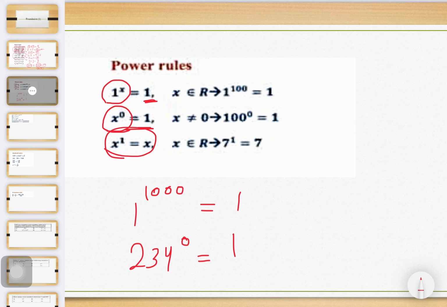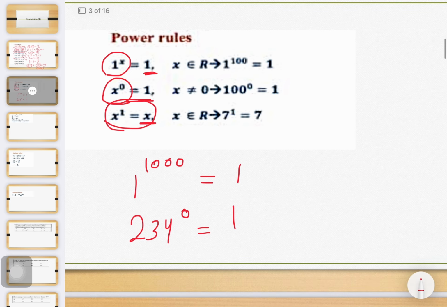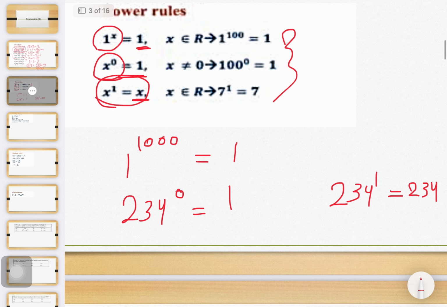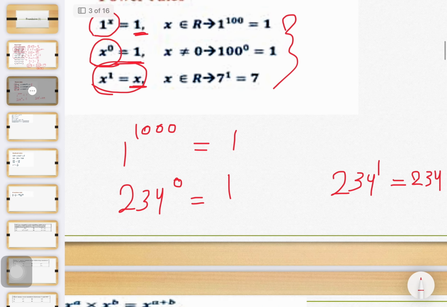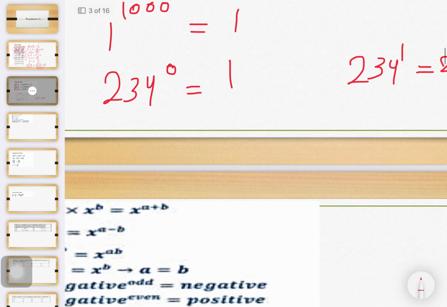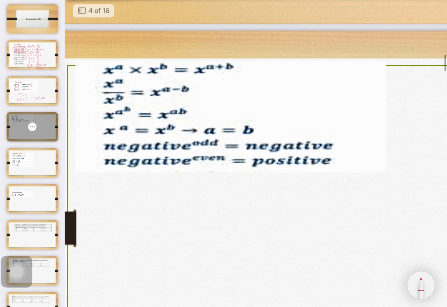The third rule is any number powered by 1 is the same number. We only need to know these rules to solve power questions like these ones.